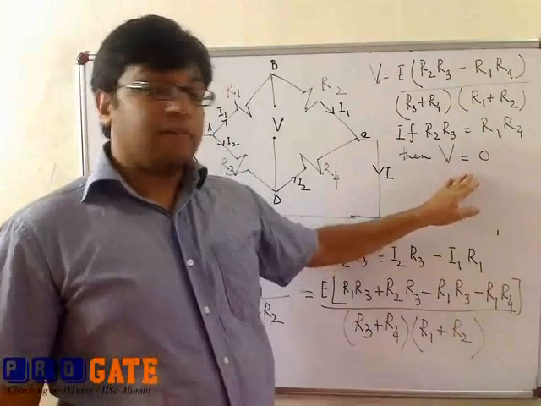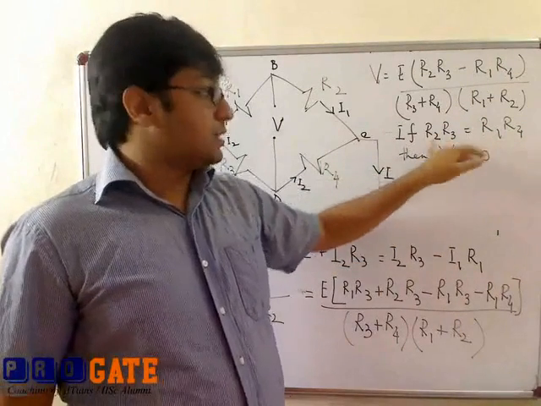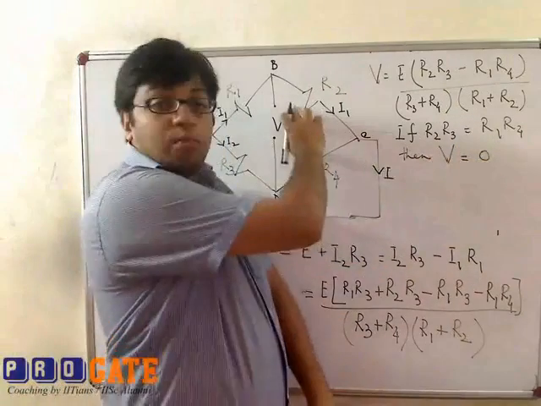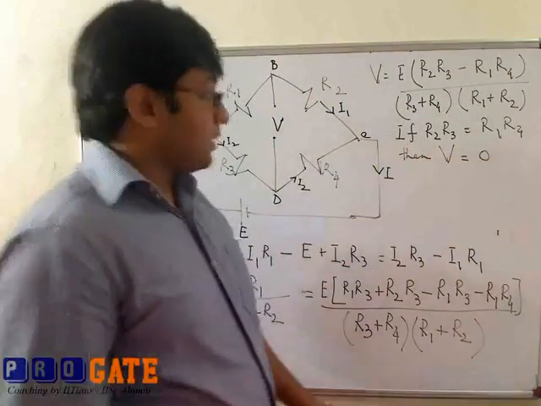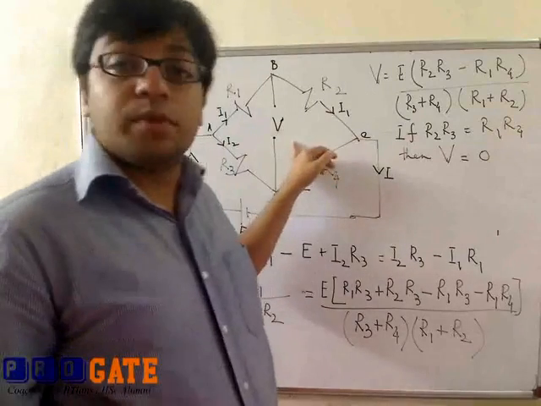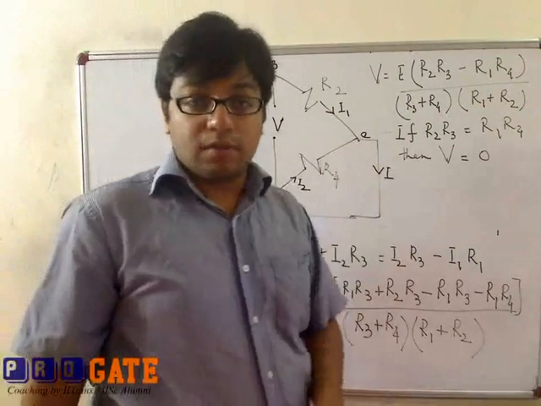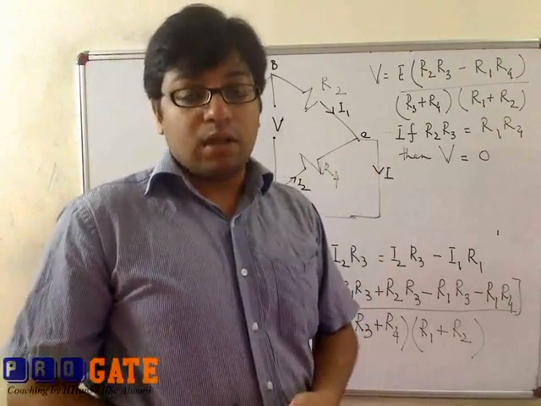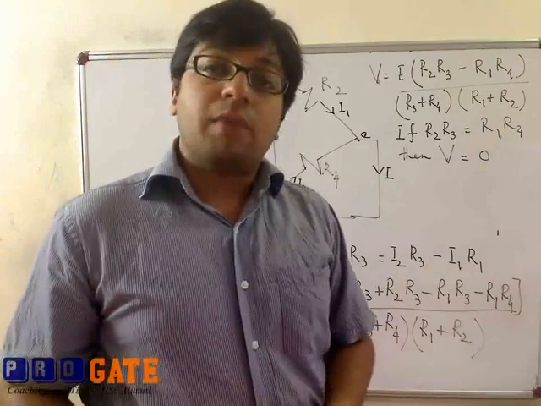This tells us that if we can get this product to obey this equation, that is R2 into R3 is equal to R1 into R4, we will not get any output voltage across the Wheatstone bridge. And in this condition, the Wheatstone bridge is said to be balanced. So when we get an output voltage from the Wheatstone bridge, we say that there is an unbalance in the Wheatstone bridge. As long as there is no output voltage, we say that the bridge is in balanced condition.